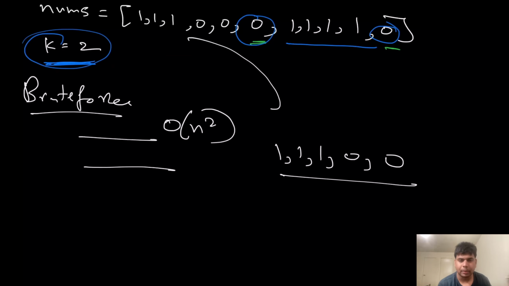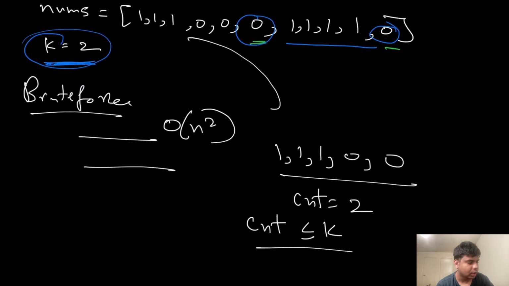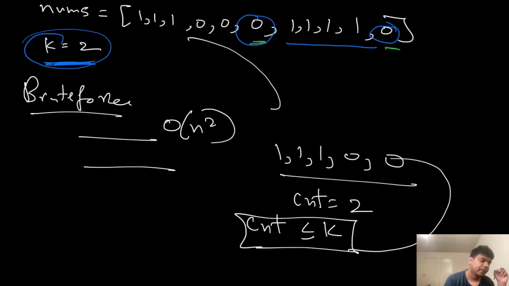If a subarray consists of zeros, count the number of zeros. So the number of zeros is 2. If the count is less than or equal to k, then you should record the length of that subarray. Otherwise you can't record the length of that subarray. So regardless, that will cost you O of n square time complexity.